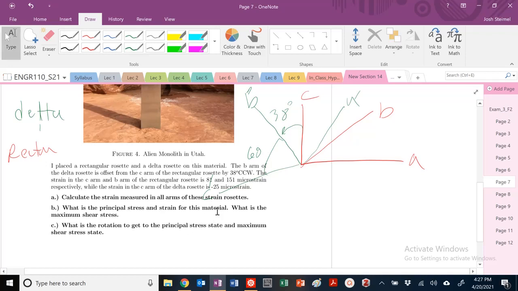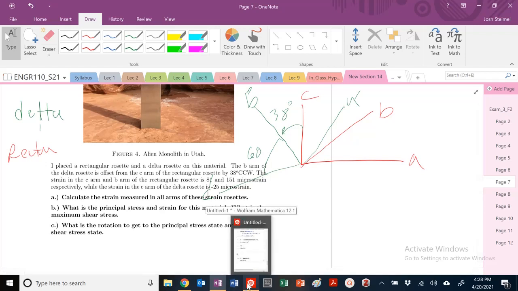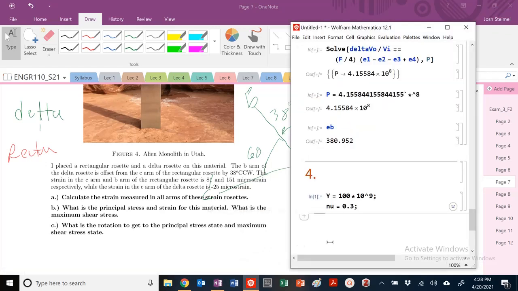All right, let's keep reading. The strain in the C arm and B arm of the rectangular rosette is 81 and 151 microstrain respectively. So my E sub C is equal to 81 times 10 to the minus 6. My E sub B is equal to 151 times 10 to the minus 6. Let's keep reading.